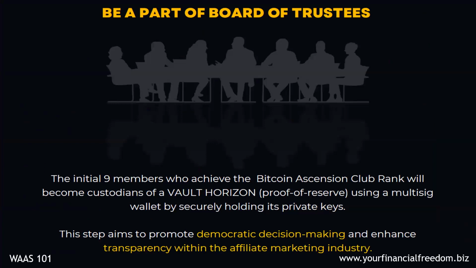Now, anyone could be a part of the board of trustees. What he is doing now is, like he said, democratizing the affiliate marketing industry. So the first 9 members to reach the Bitcoin Ascension Club rank will be custodians of the Vault Horizon Proof of Reserve using a multi-signature wallet.